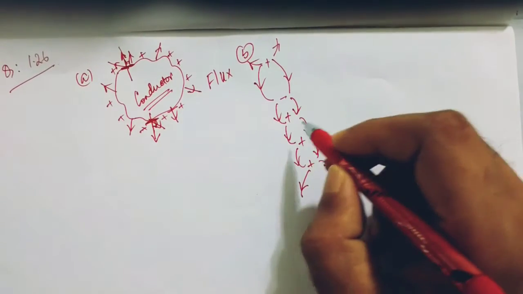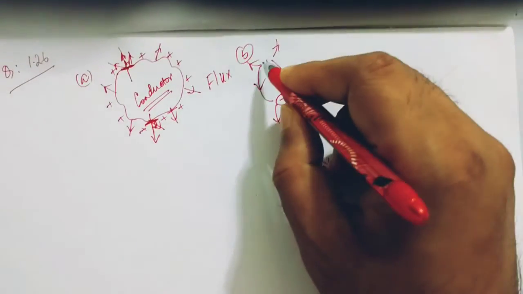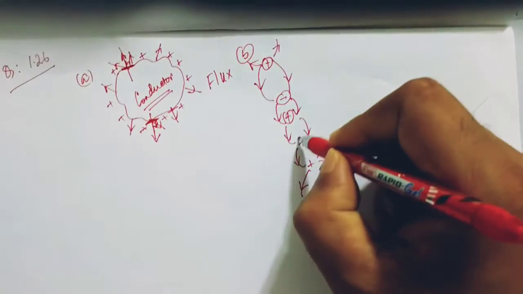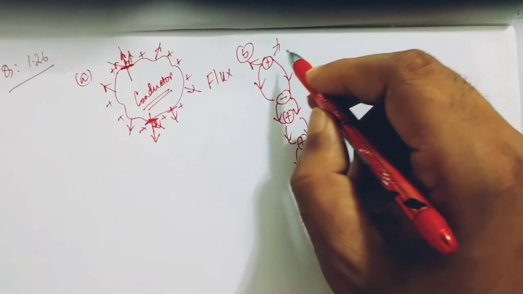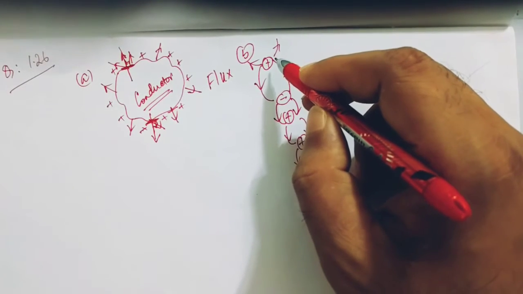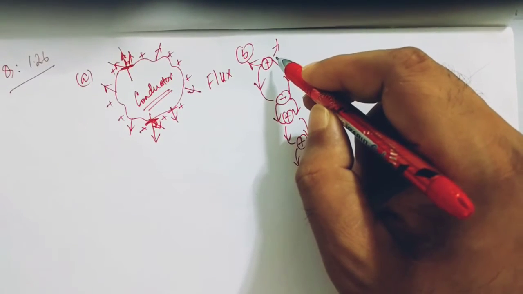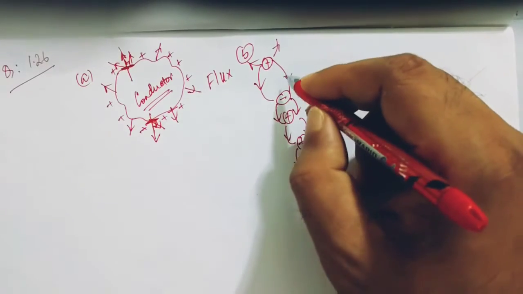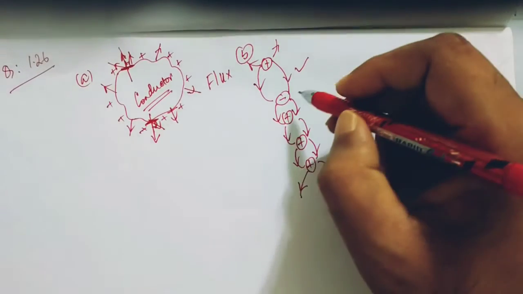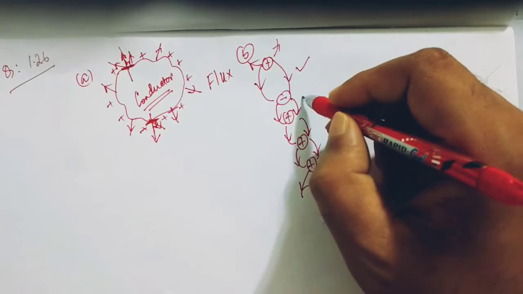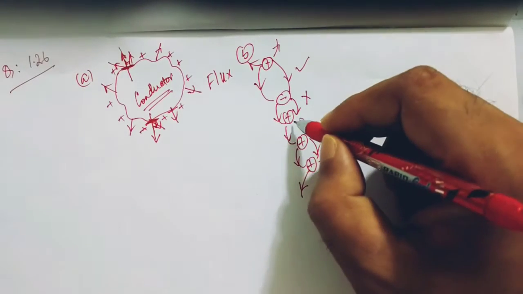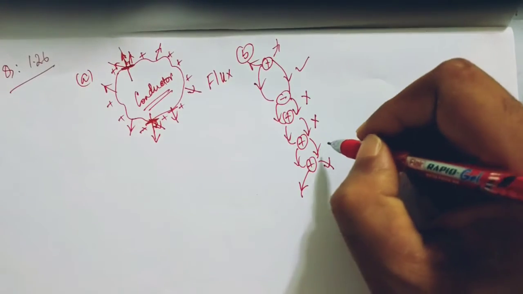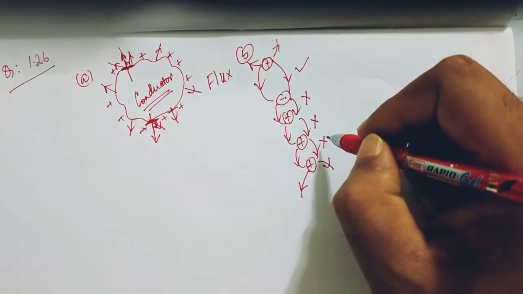So now you see this is a positive charge, this is a positive charge, this is a positive charge. Now we know the field line always comes from positive to negative, so this one is correct. But you see here from negative to positive, so this is not correct, and positive to positive is also not correct, and this is also positive to positive, which is not correct.